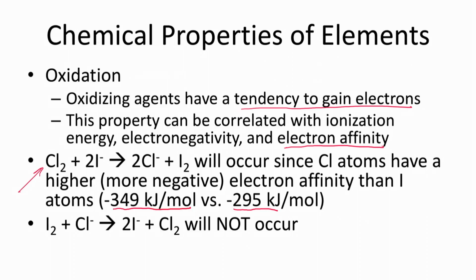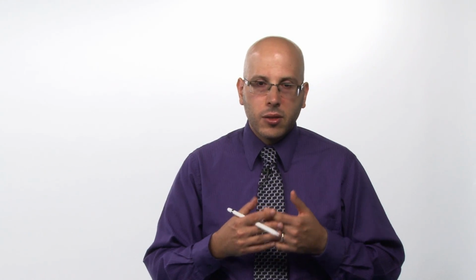Whereas if you try to do it in the opposite direction and start with iodine to make iodide and start with chloride to make chlorine, that's not going to work, okay? The energies are going in the wrong direction. And so this is a good example of how you can predict what kinds of reactions will take place based on where the different things are in the periodic table.